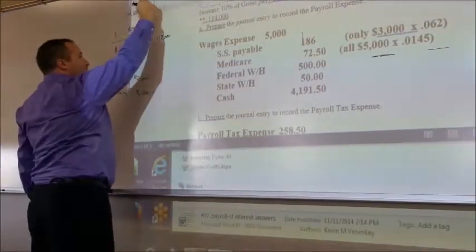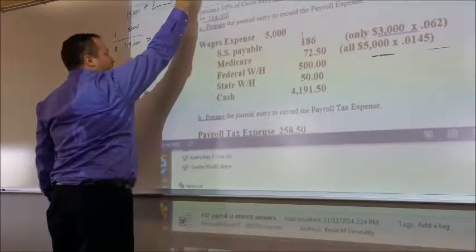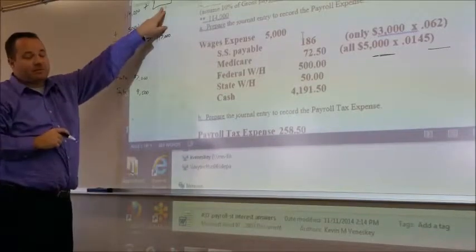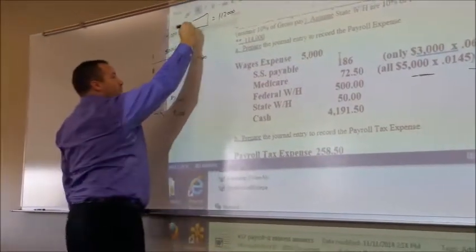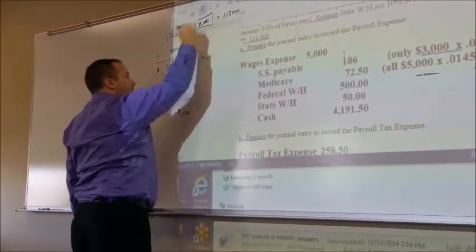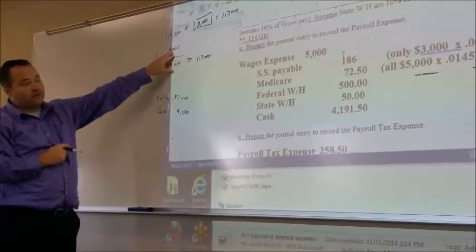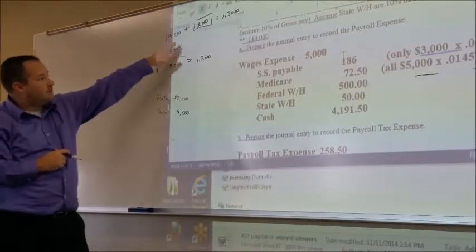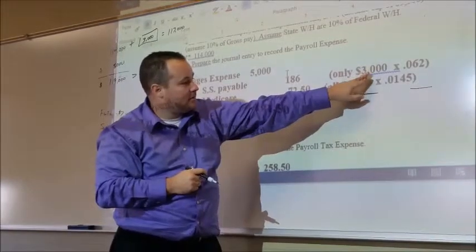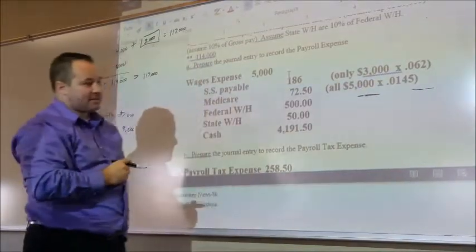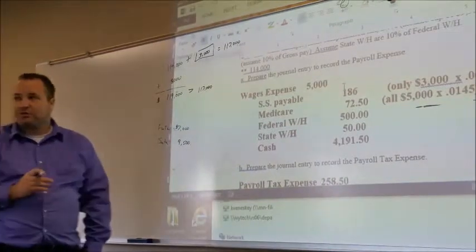Since I went over, what is left until I get to the cap of 117,000? I have $3,000 left to tax, not the full 5. So that $3,000 is where I got this, $3,000 at 6.2%, or 0.062 as a decimal.